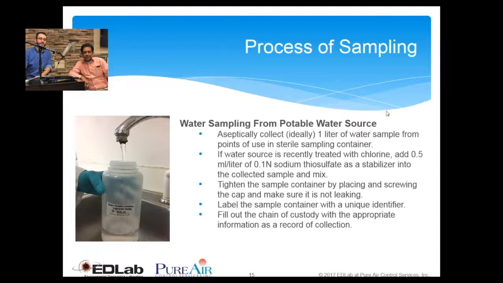Once you collect that, please tighten the container and make sure it is not leaking, the caps are properly screwed, and it is ready to ship. Afterward, you uniquely identify it, and you do this with any kind of sample you are collecting, and then fill out a proper chain of custody to record the information so that the laboratory can identify, once they give you the result, where the sample came from and when it was submitted for that particular site.